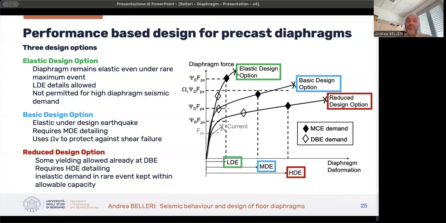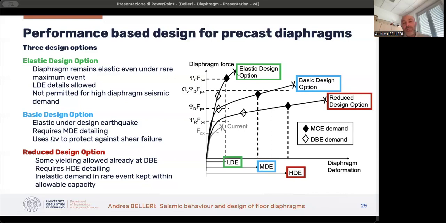So for the low seismic zone, an elastic design option with lower ductility elements is possible, where the diaphragm should be behaving elastic, both for the life safety limit state and the collapse prevention limit state.